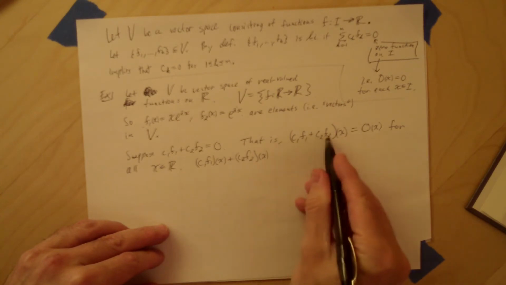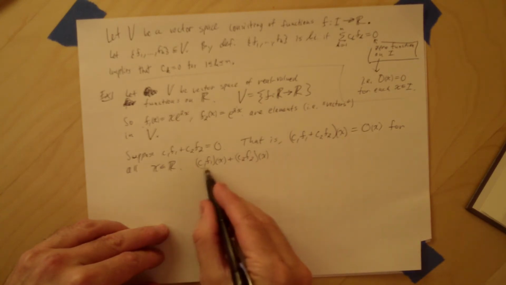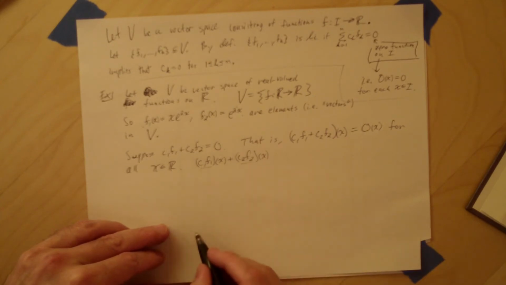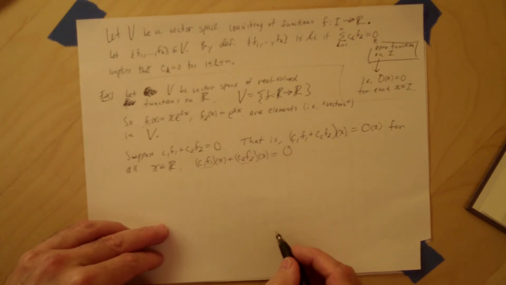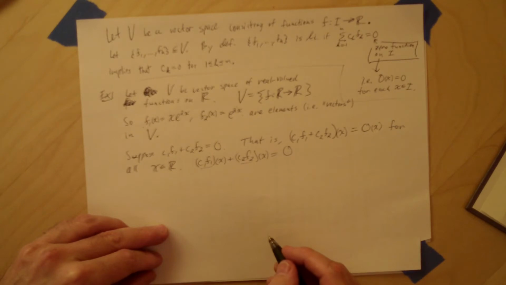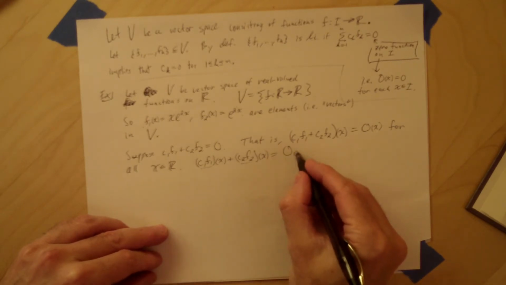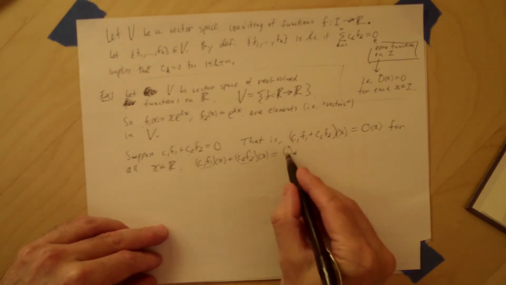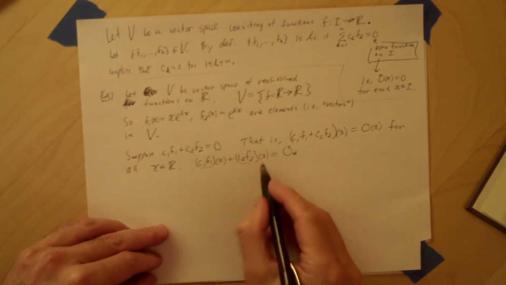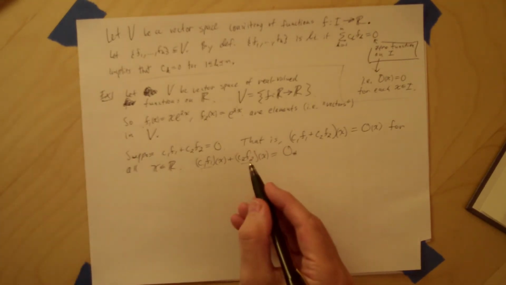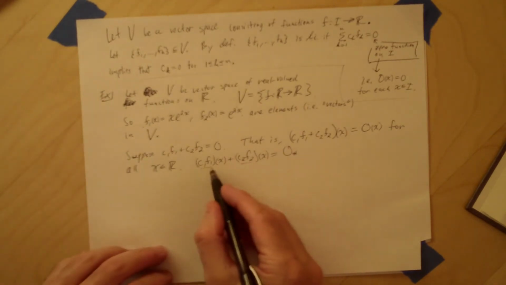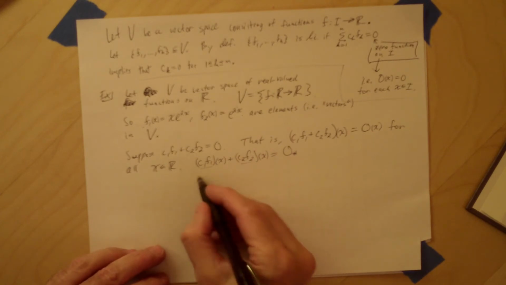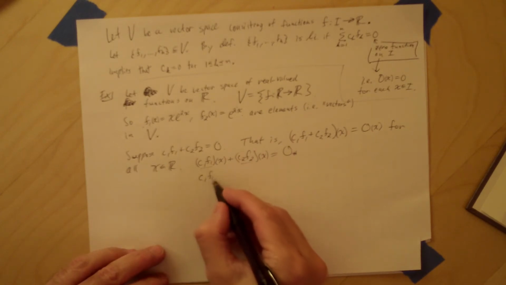By definition, when you put x into this function, you're putting x into c1 f1 and c2 f2. And we also know that 0 of x just equals the number 0. I'll put a little pound sign there just to make it clear: this is the real number 0. This here is c1 times f1 of x.